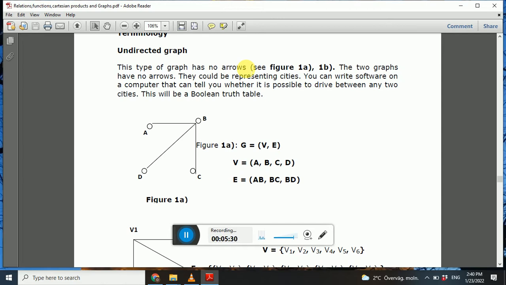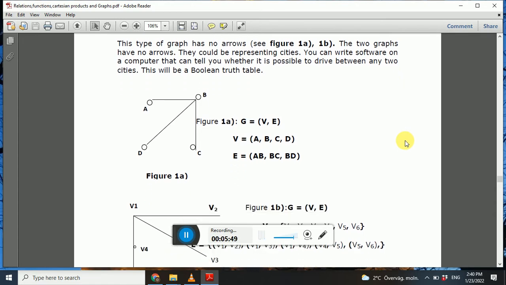So for a directed graph, you'll be able to know that the edge is moving from A to B if the arrow is pointing towards B, or an edge is moving from B to A if the arrow is pointing towards A. I hope you understand what I'm trying to say.